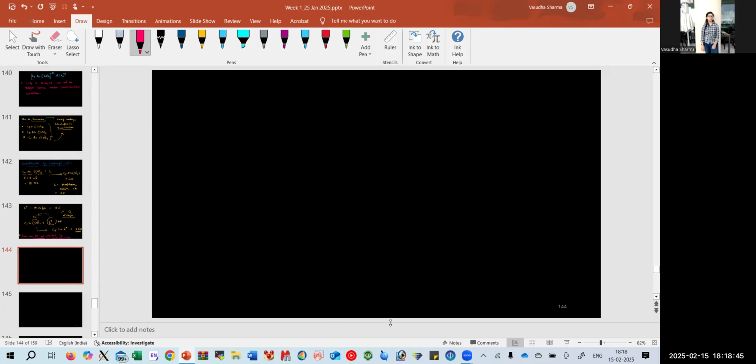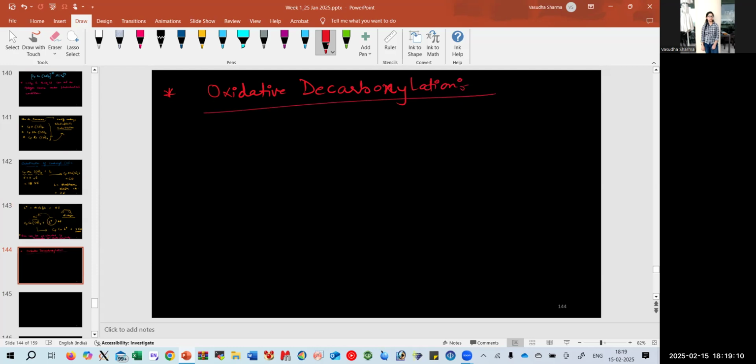Now moving ahead to another reaction where we have a very important feature of cyclopentadienyl metal carbonyl complexes. They undergo oxidative decarbonylation, meaning it would undergo the oxidation as well as it would remove your carbonyl group also.